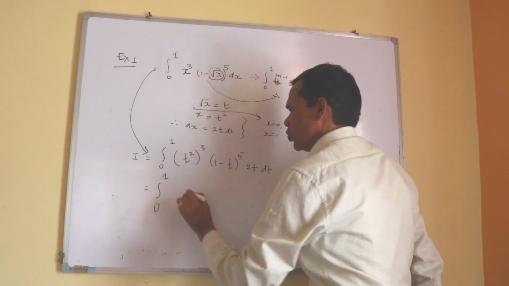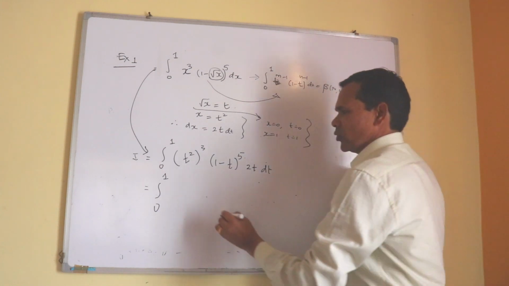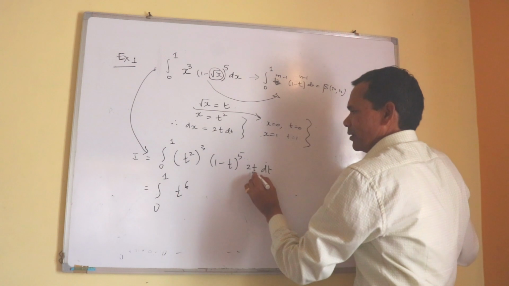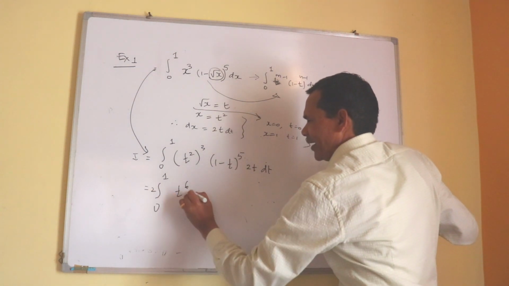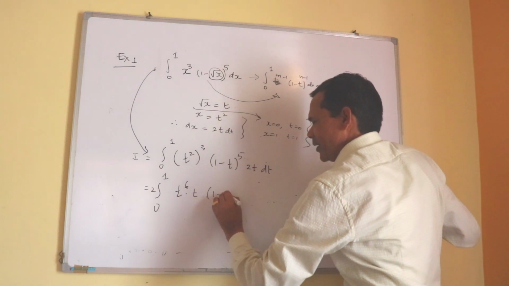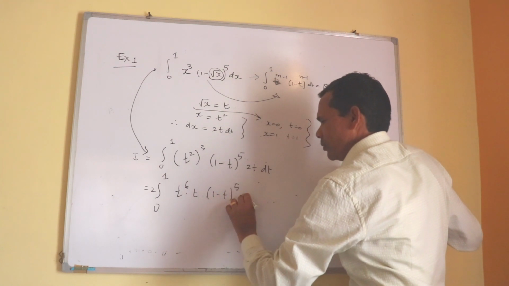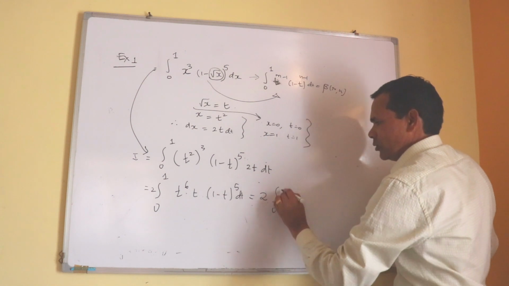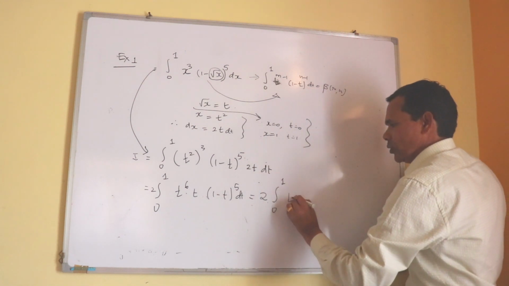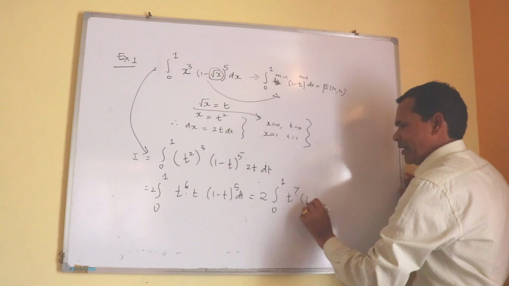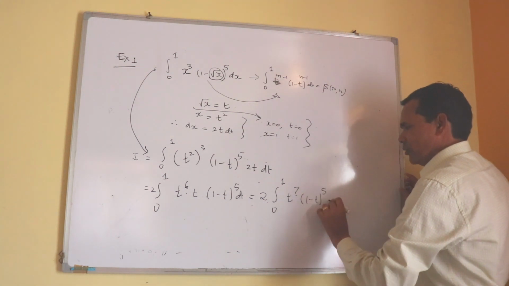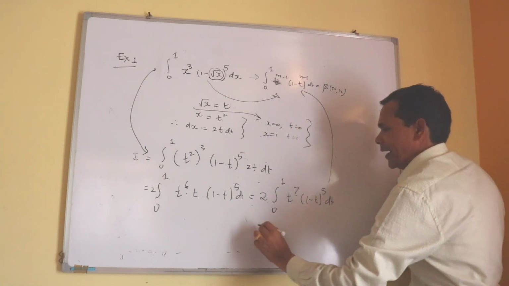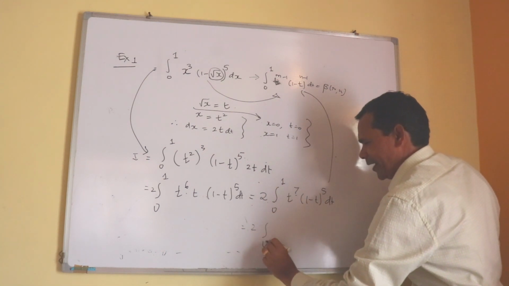So 0 to 1, t raised to 6 here. I take this 2 outside, and here t and (1 minus t) bracket raised to 5 into dt. So this is equal to 2 times integral 0 to 1 t raised to 7 (1 minus t) bracket raised to 5 into dt.